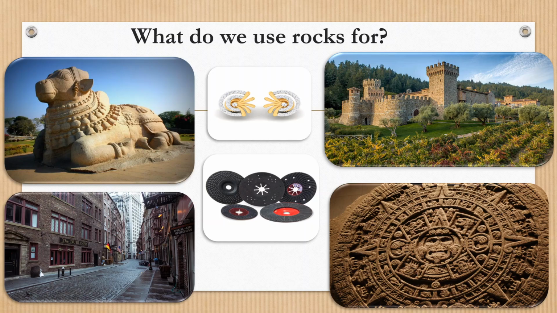So rocks can also be used to make objects that help us in our life, like calendars, and maybe you know these sun clocks that use the light of the sun and shadow to tell time. Those are commonly used to check time, and of course they are made of rock. Let's continue.